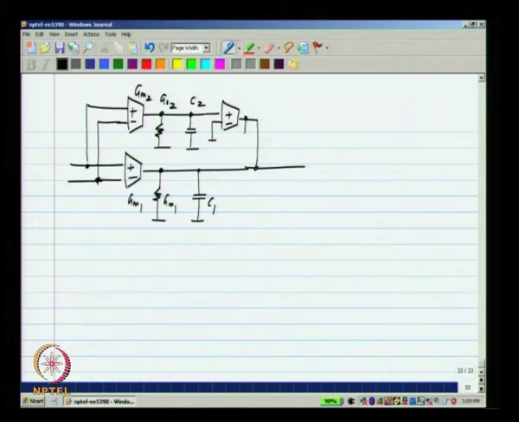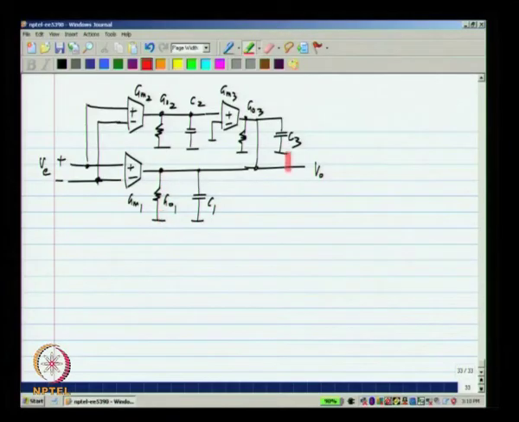Okay. And this will also have some GO3, this is GM3, and there could be a C3 as well. This is the input to the op amp and that is the output of the op amp. Now, as usual I could use a buffer after this, but I will assume that I do not, because normally in CMOS circuits we tend not to use it, although it is very much possible.